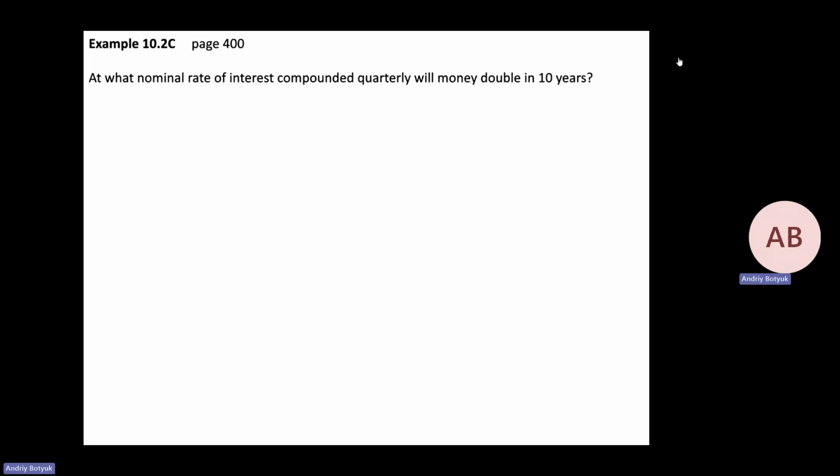So all this philosophy about doubling money: remember present value, future value. Again, if it's difficult, pick any amount for your present value, and times 2 will be your future value, right?